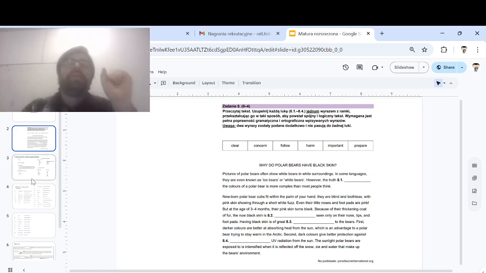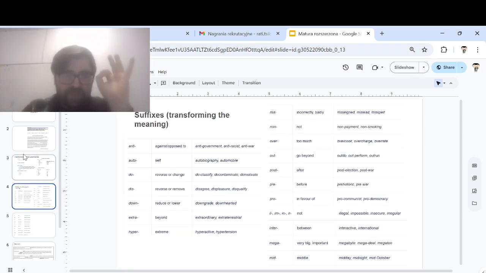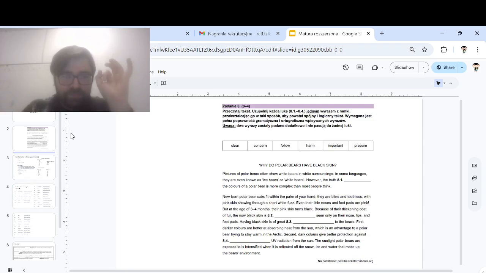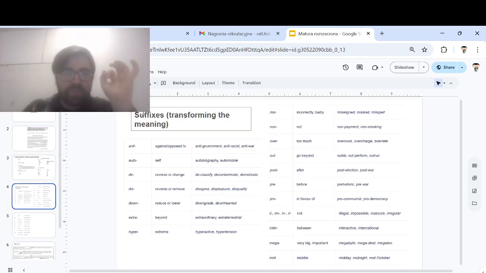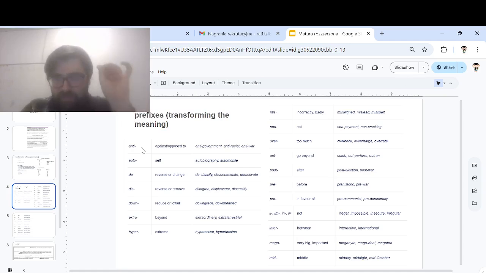Okay. In addition to suffixes, there are also prefixes, right? Sorry, it should be prefixes. It was a mistake. When it comes to prefixes, prefixes change the meaning of the word.